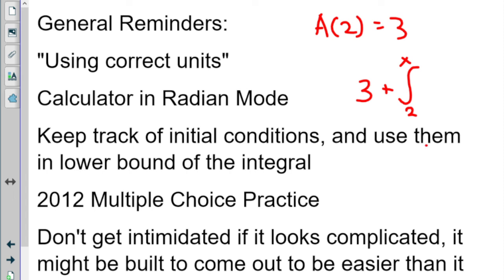Because we are starting at 2, so that if I plug in 2, this integral turns out to be 0. And then I'm just left with the value being 3. So put that starting condition there and put the x value as the lower bound of that integral.